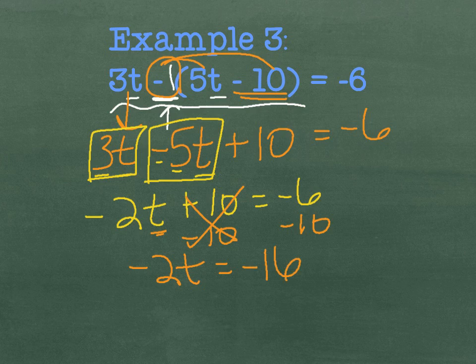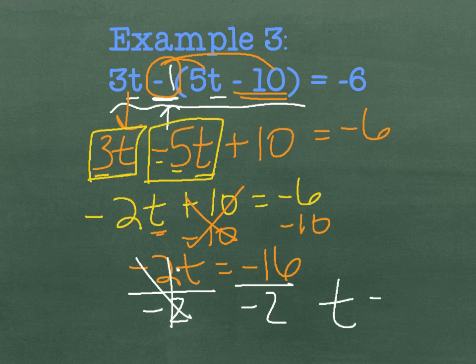Last step to get t all by itself is to do the inverse of multiplying by negative 2. The inverse of multiplying is to divide by negative 2. Do it to both sides. Because these are inverse operations, multiplying and divide, those negative 2's are going to cancel, leaving us with t equals negative 16 divided by negative 2 is positive 8.